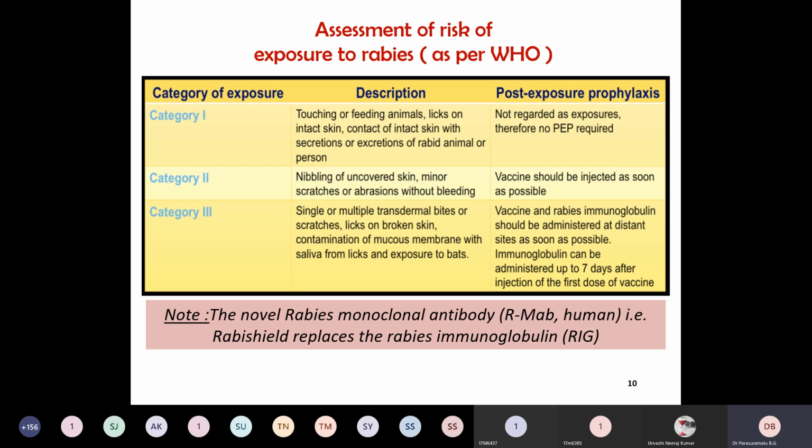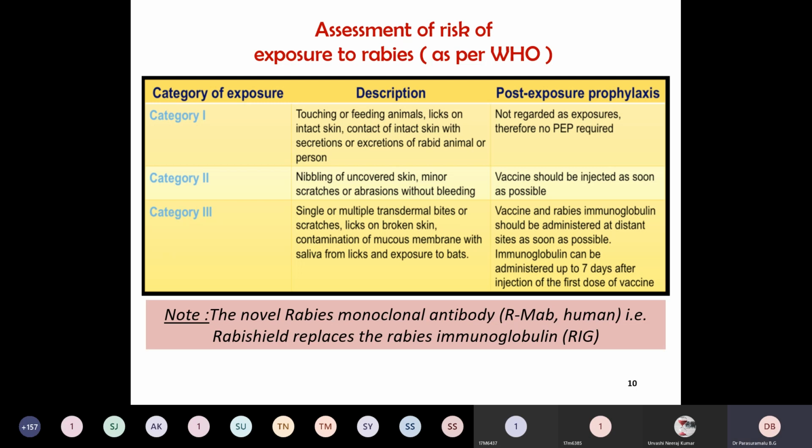See, what we usually do in category 3 bite, immediately after the local treatment, we give anti-rabies vaccine. Simultaneously, we infiltrate the rabies immunoglobulins on the same day itself.